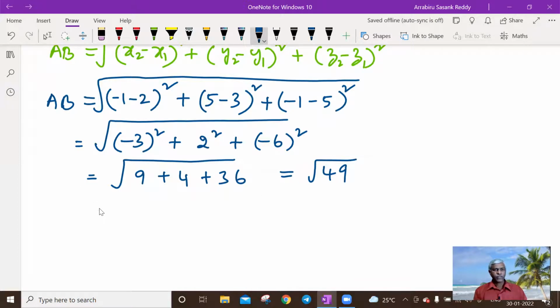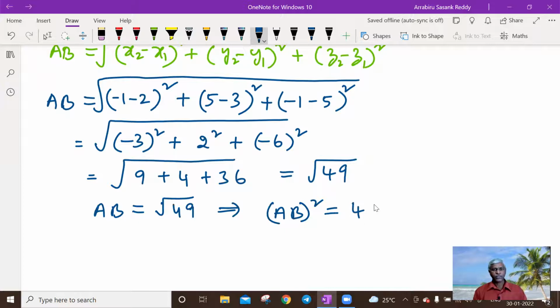Now AB is equal to root 49. If you take the square, AB square is 49. So this is the first side.